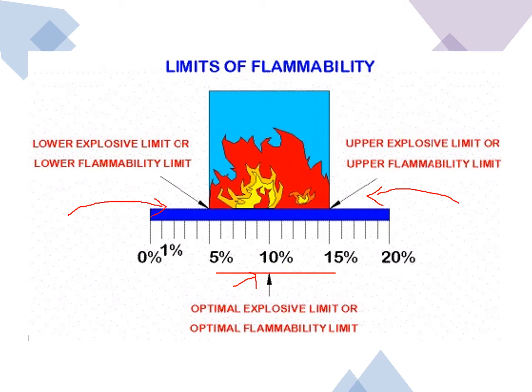This is the same rule that applies when we are talking about suppressors or fire extinguishers. Here you can see what the difference is, because here the vapors of the liquids will be less, like 1%, 2%, 3%.